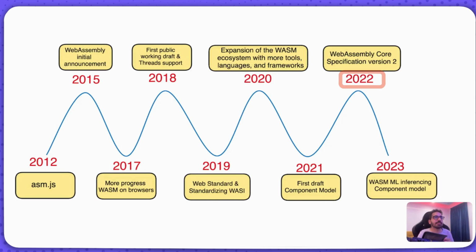And this is where the WebAssembly core specification V2 has been going on. 2023 has been interesting. This year saw major conferences: one was Wasm I/O and one was WasmCon, the first ever full-fledged big Wasm conferences.